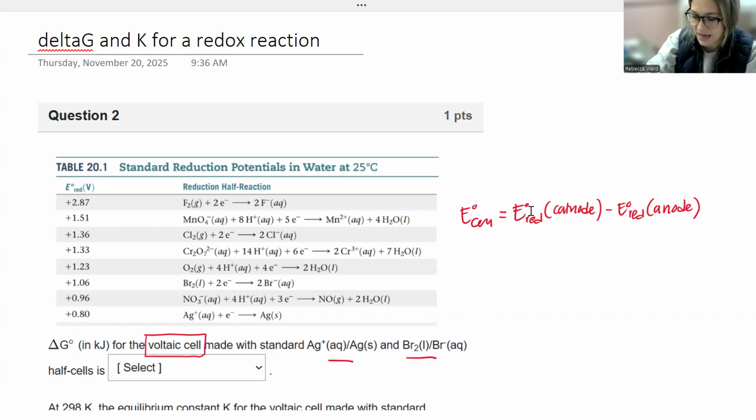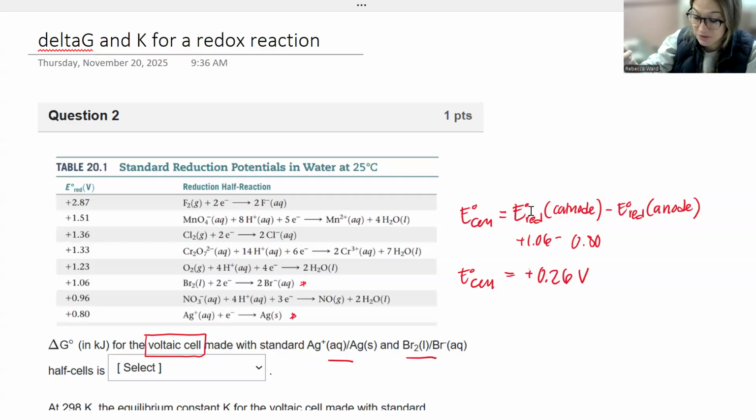My bromine is higher up on the table, so that's going to be my cathode. So plus 1.06 minus my silver, which is 0.80. So my E cell is going to be plus 0.26 volts.